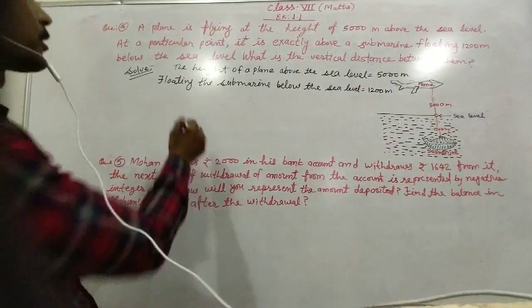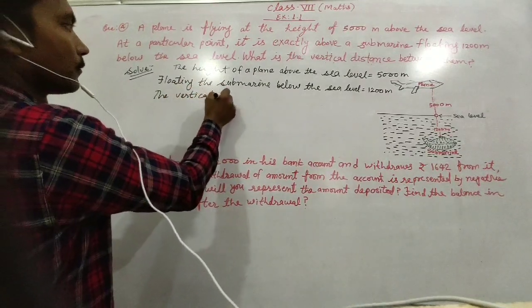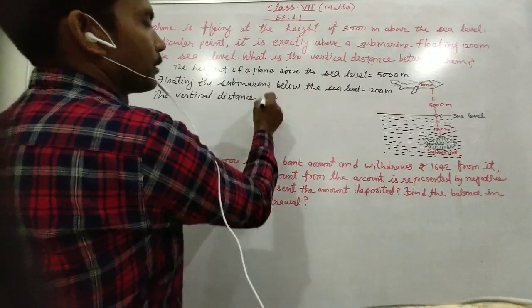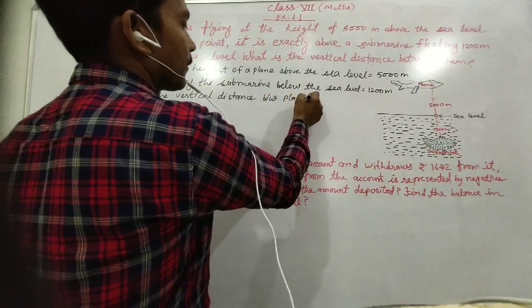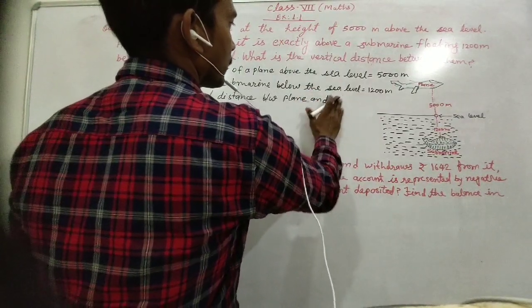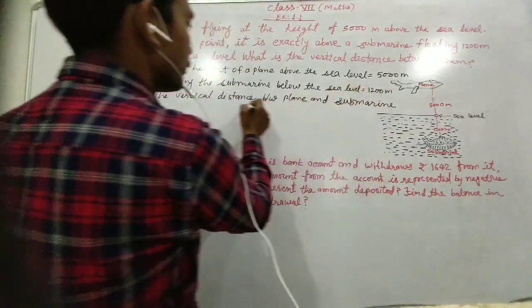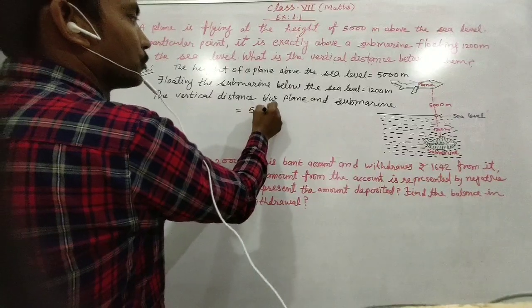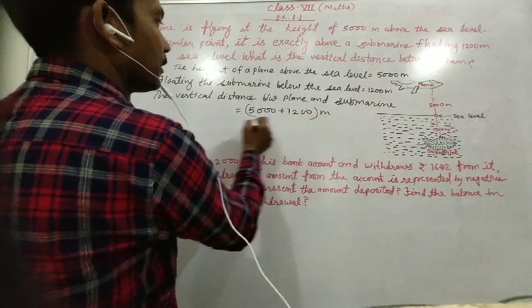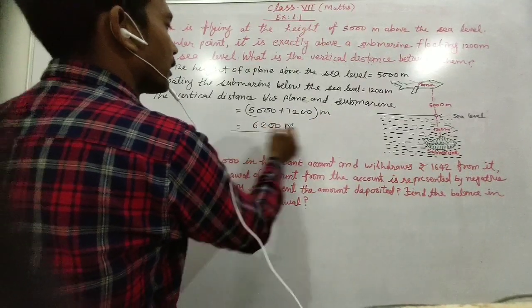The vertical distance between the plane and submarine will be 500 plus 1200 meters equals 1700 meters, which will be the answer.